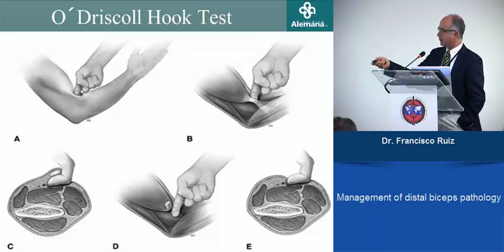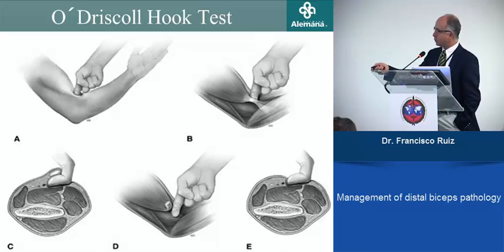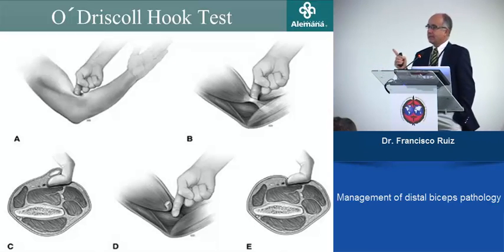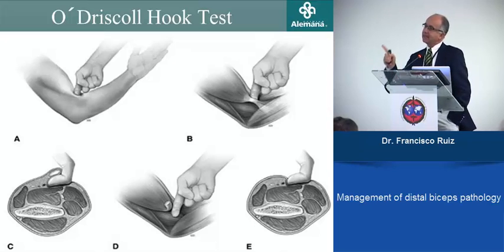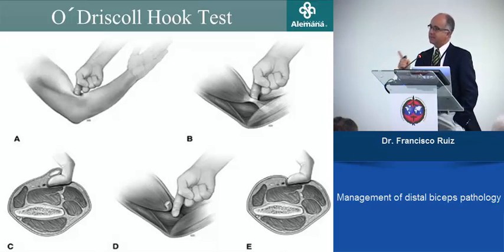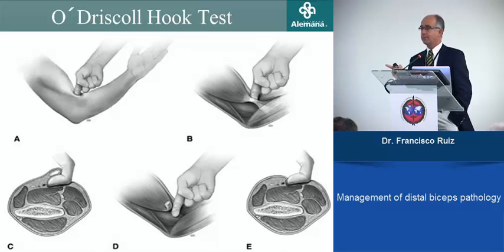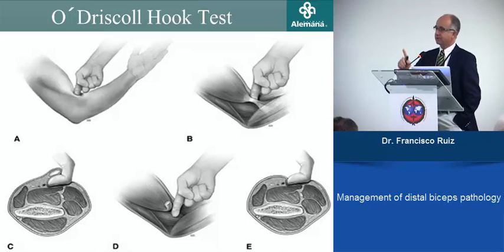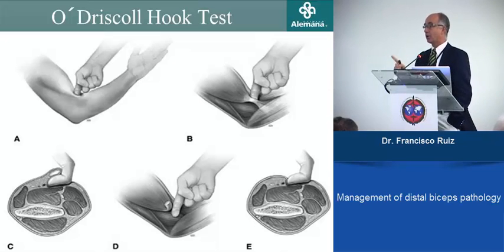On this side we can see it, we can feel it, and on this side we don't have it. So when the hook test is positive, this cord-like structure is not there. But sometimes we feel it, but with pain. So in those cases, we should think about partial tears. So a partial tear has a negative hook, but with pain.